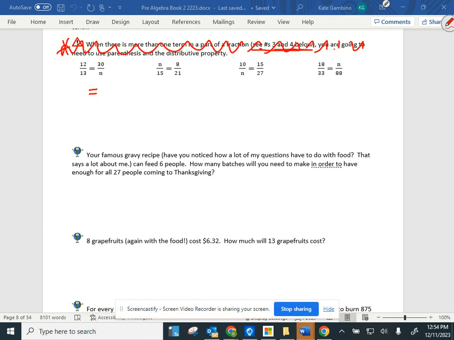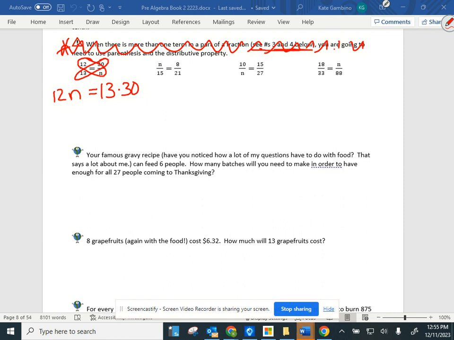Think about what cross products look like, Olivia. 13 and 30, because they are part of it. So what's on the other side of our equal sign? 12. Keep going with it. 12 times what? 12n.